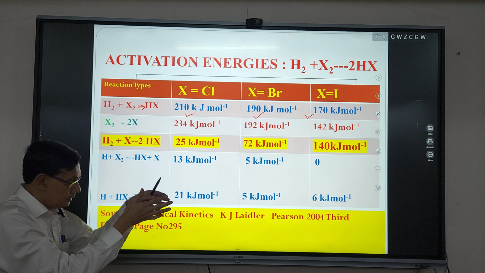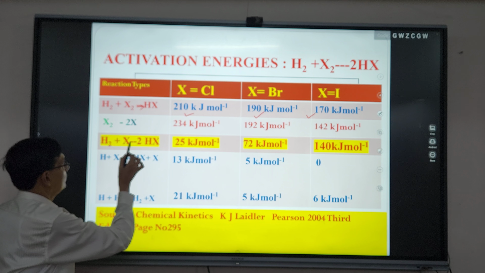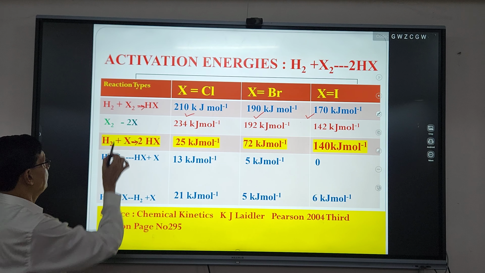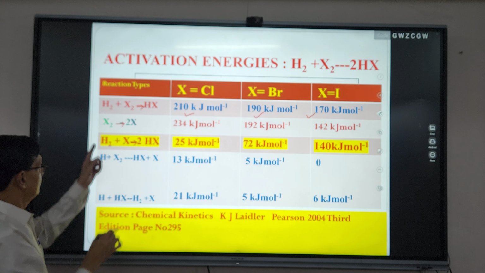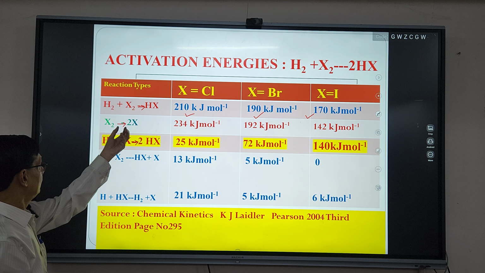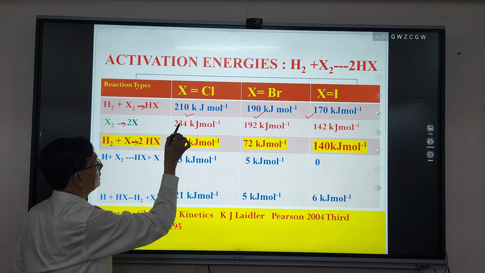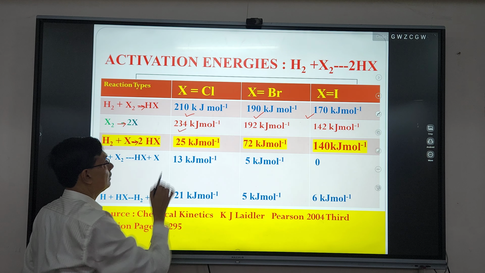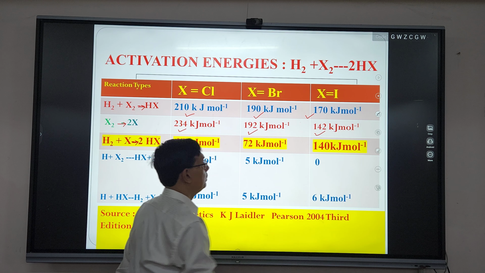But when I look at the individual energies of activation, you see the first step, the formation of free radicals, Br2 to Br or Cl2 to Cl, is 234, then 192, then 142.